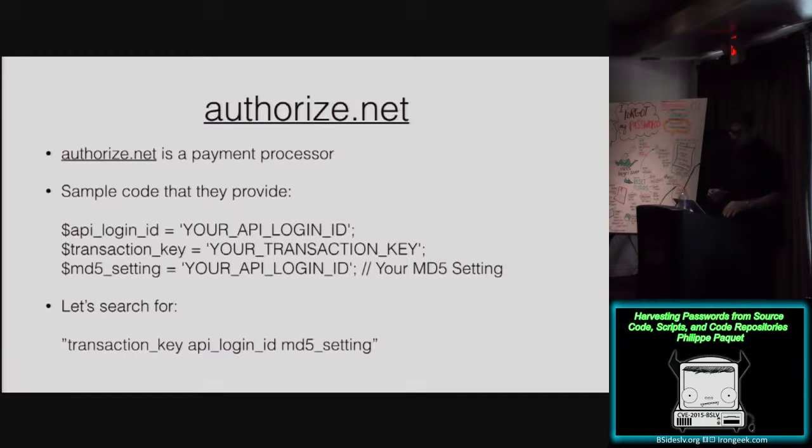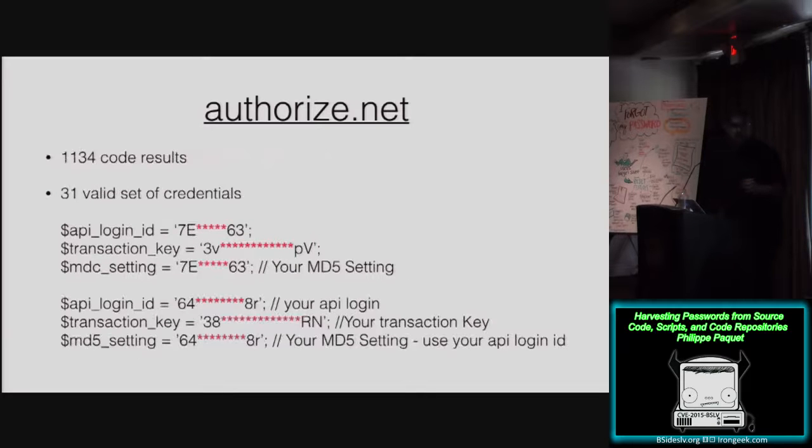A simple search for transaction key, API logging ID, and MD5 settings gives you a bit more than 1100 results, and that gives you 31 valid sets of credentials. That's kind of a problem if you have your payment processor credentials available on the public internet. You could process payments, of course, but you could maybe process negative payments or do a purchase and refund yourself after.